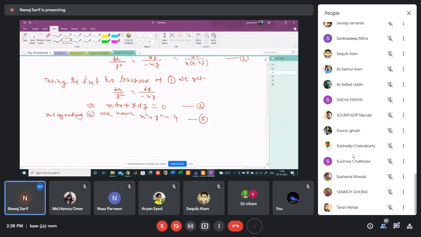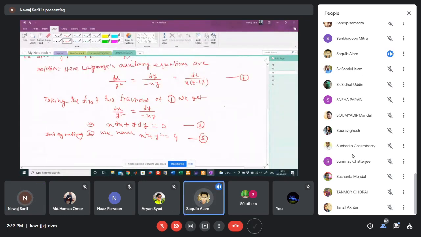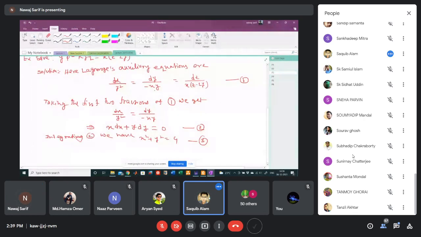So which fraction will you take to find another solution? Can you take the first and third terms? No, sir. Why? Because there is no chance of y cancelling out. The most important thing is that here it is dx by y square and dz by x into z minus 2y.